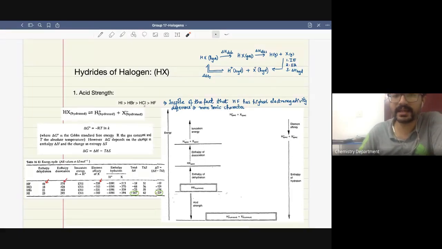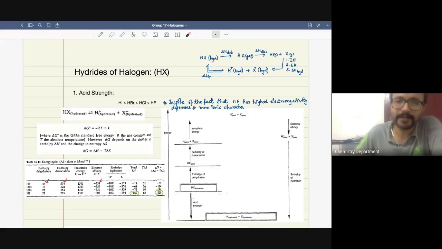Basically, if we talk about their acidic nature, we are usually considering a reaction, because acidity is measured in aqueous solution: HX in its hydrated form dissociates to form H plus and X minus.